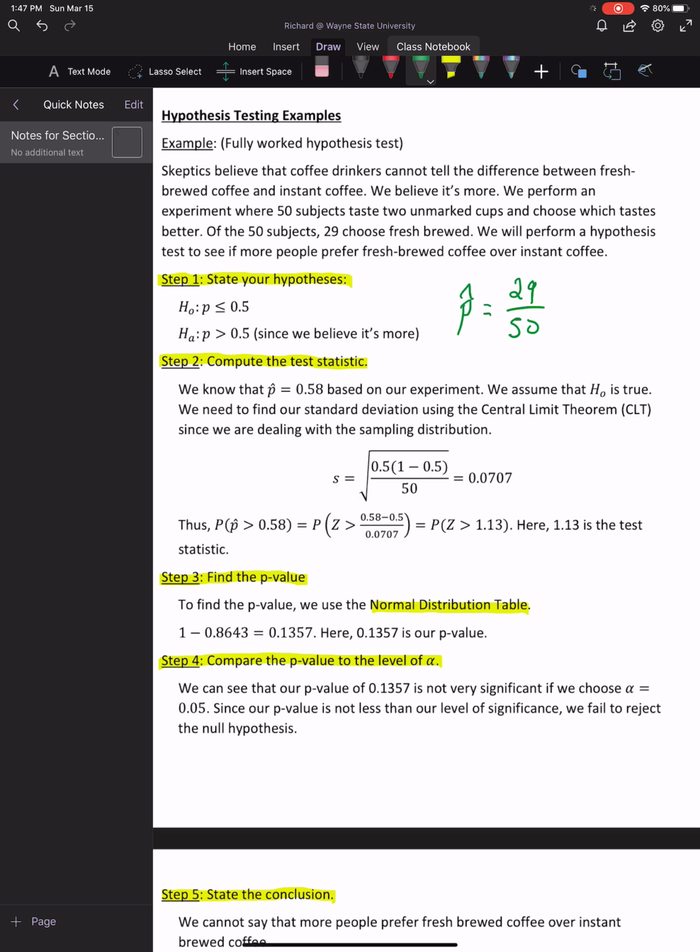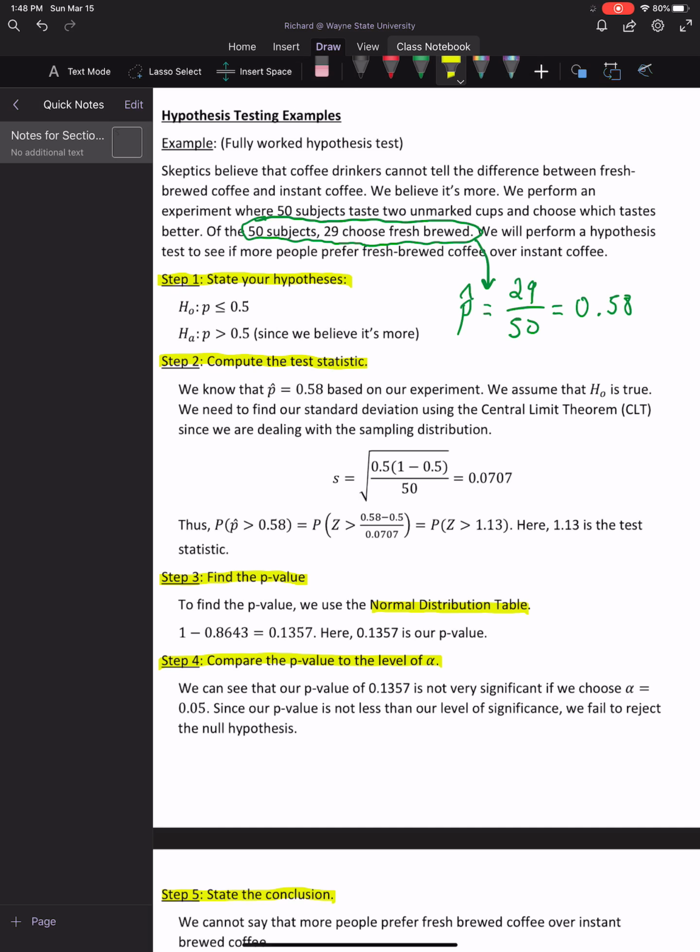Do you see how it's saying that in here? Of the 50 subjects, 29 choose the fresh brewed. Because that's coming from a sample, we have to use p hat. That's how we're getting 0.58. And that's important because it's this sample that we want to determine is really occurring by chance, or whether there is something else going on there.